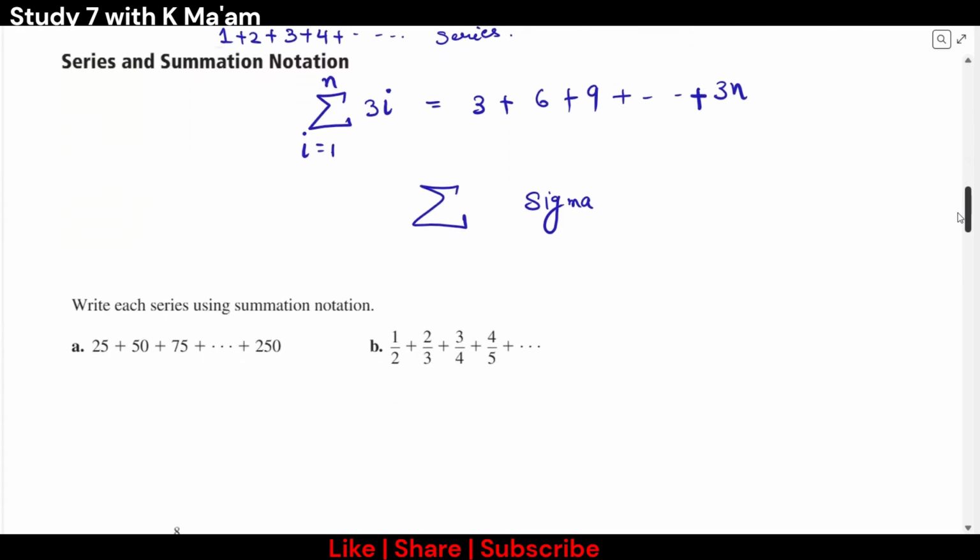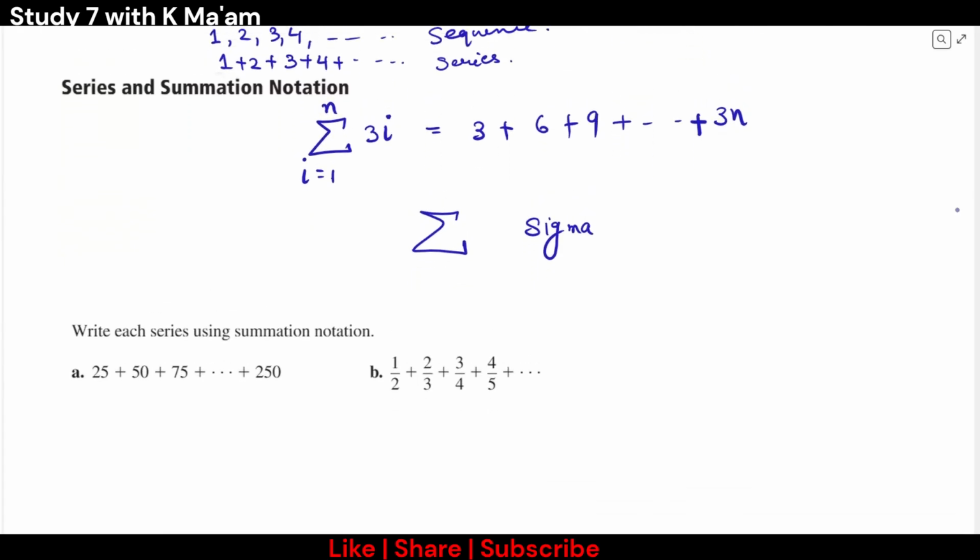Okay. Write each series using the summation notation. So I write the summation. How many terms are there? 1, 2, 3, and I don't know what the last term is. There are 250. But if you observe the pattern, it is a multiple of 25. So 25 times i.